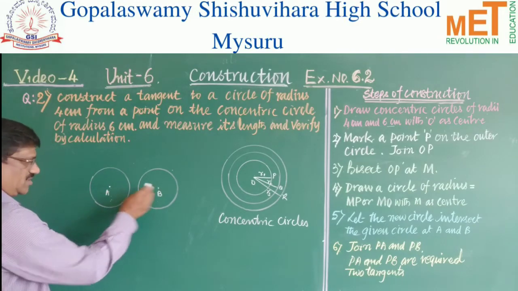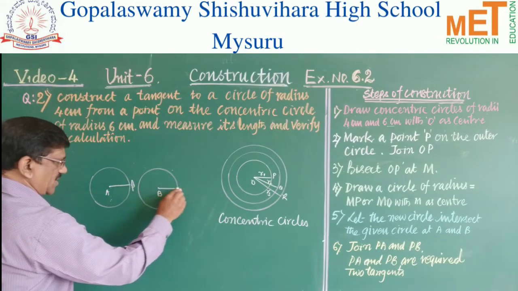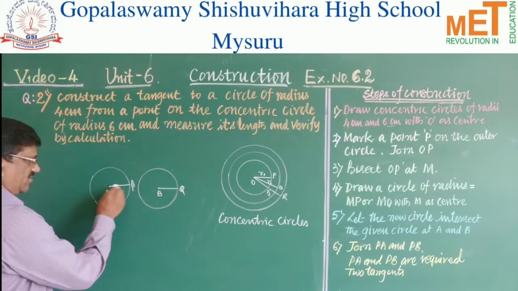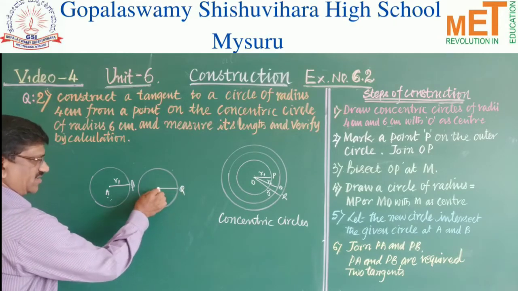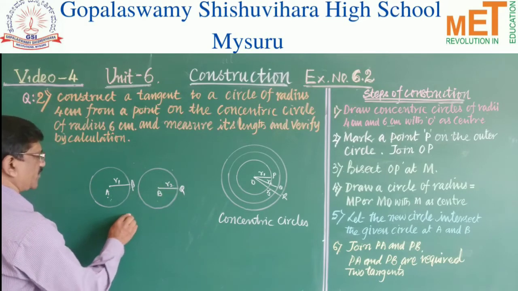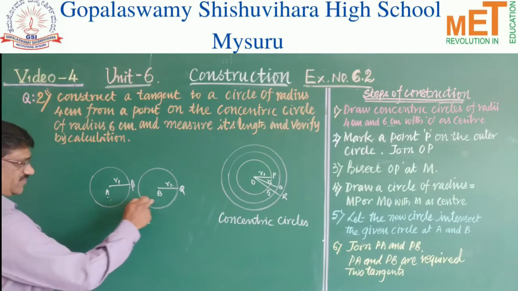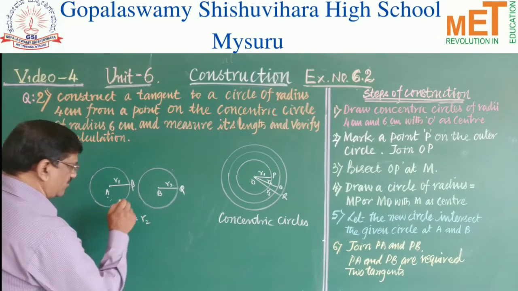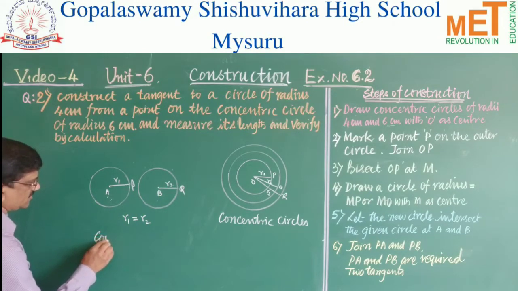But if you consider the radii, let the radius of the circle with center A be R1, and the radius of the circle with center B be R2. Here R1 is equal to R2. That is, the radii of these two circles are the same. So this kind of circles we call congruent circles.